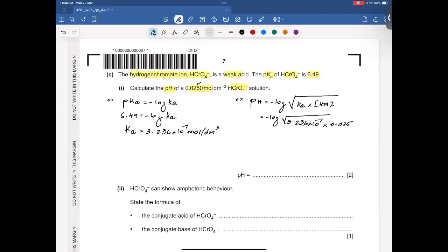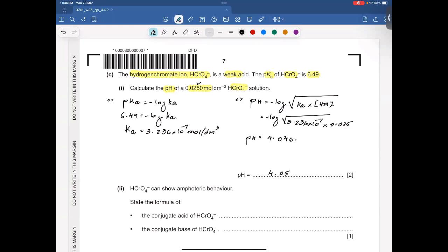So into 0.025 under root answer, negative log answer. So it's going to be 4.046. Sorry, guys. pH is basically 4.046. So it's going to be 4.05.